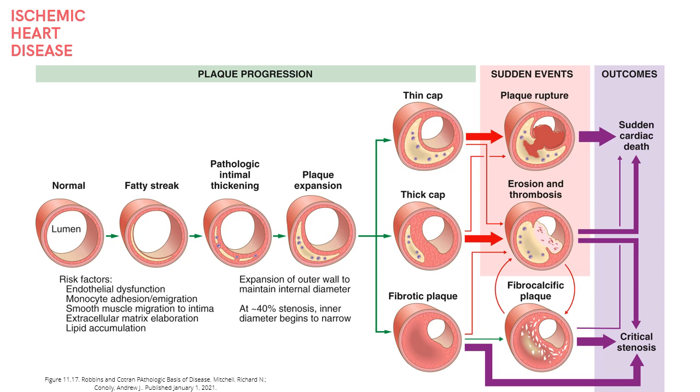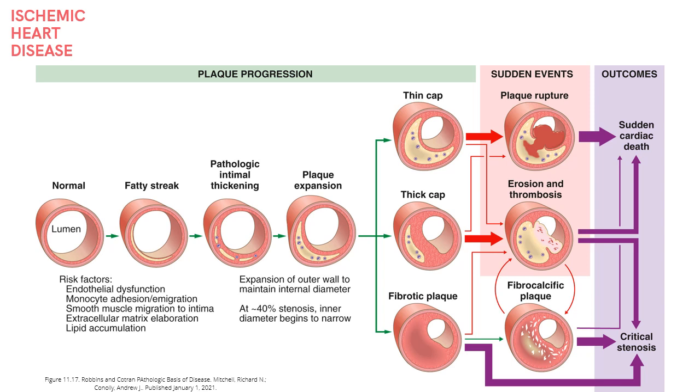Whenever the person is exposed to risk factors such as endothelial dysfunction, whenever there is excess systemic inflammation, there can be endothelial dysfunction. When there is increased monocyte adhesion or emigration, white blood cells will stick to the endothelium. When there is smooth muscle migration into the intima, recall that the tunica media, the middle layer, is what holds the smooth muscle.